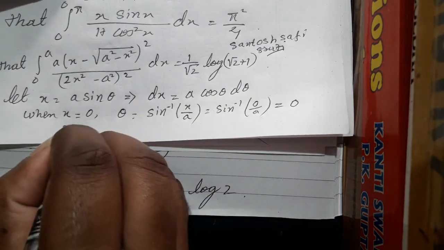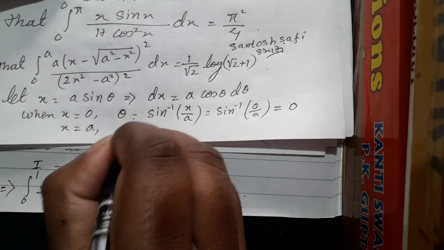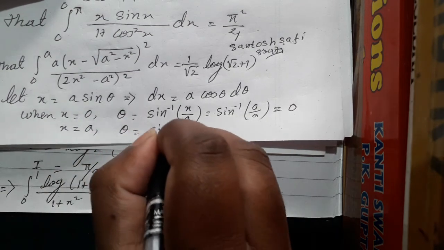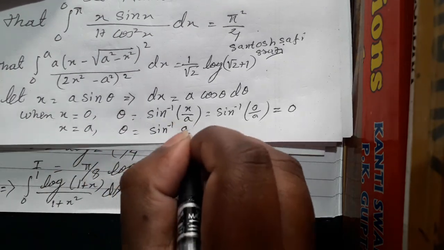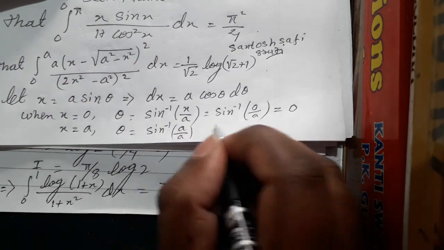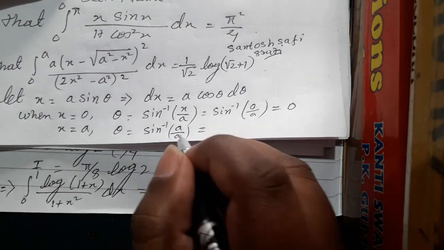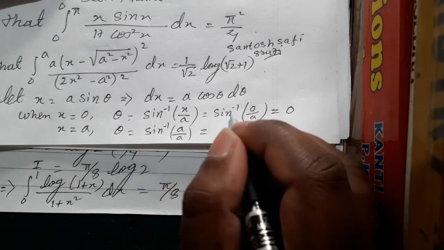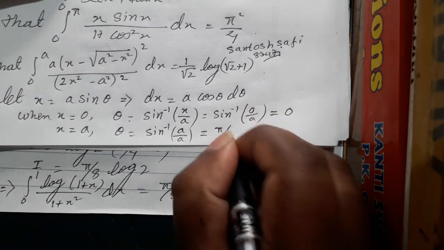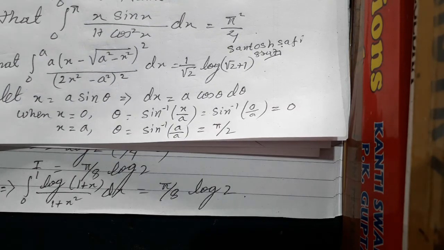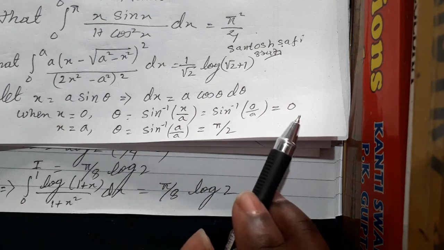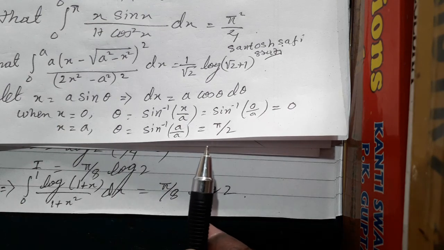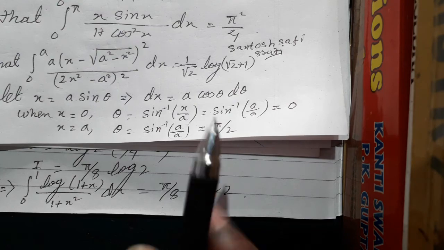When x is equal to a, theta equals sine inverse of a by a, which is sine inverse of 1, and that is pi by 2. So we got the limit from 0 to pi by 2.